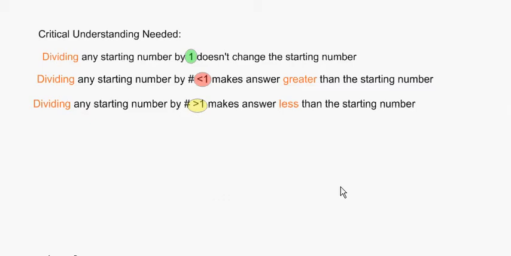I'm dividing by numbers bigger than 1, so I get answers that are less. But today we're going to be talking about dividing by fractions, and so therefore it's going to be reversed. If I'm dividing by smaller pieces, I need to expect to have more of them, and therefore that's a really critical concept. So we're going to do some examples now of just working with dividing by fractions.